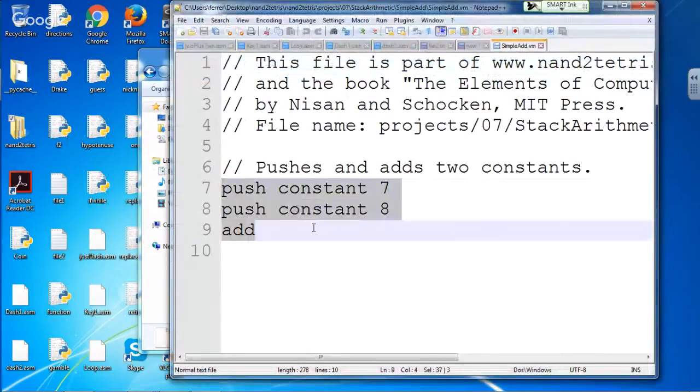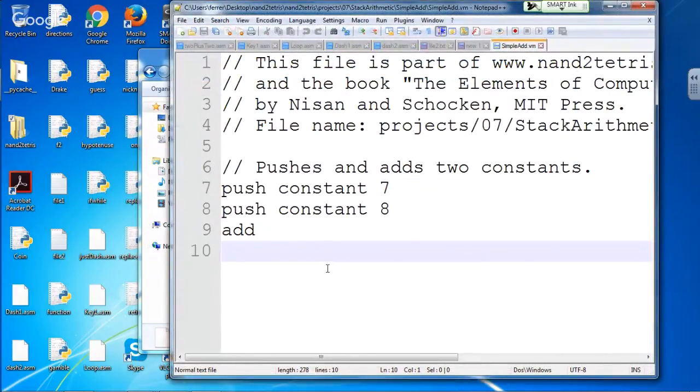So here is a first VM program for you all to look at. This is going to push two constants. We've got push, our segment, and our offset. So this pushes two constants onto the stack, and it then has an add instruction.